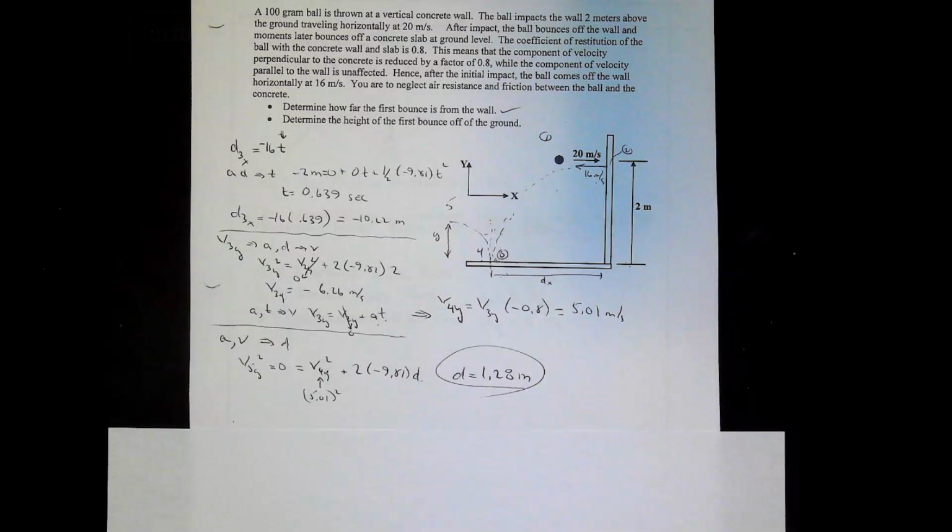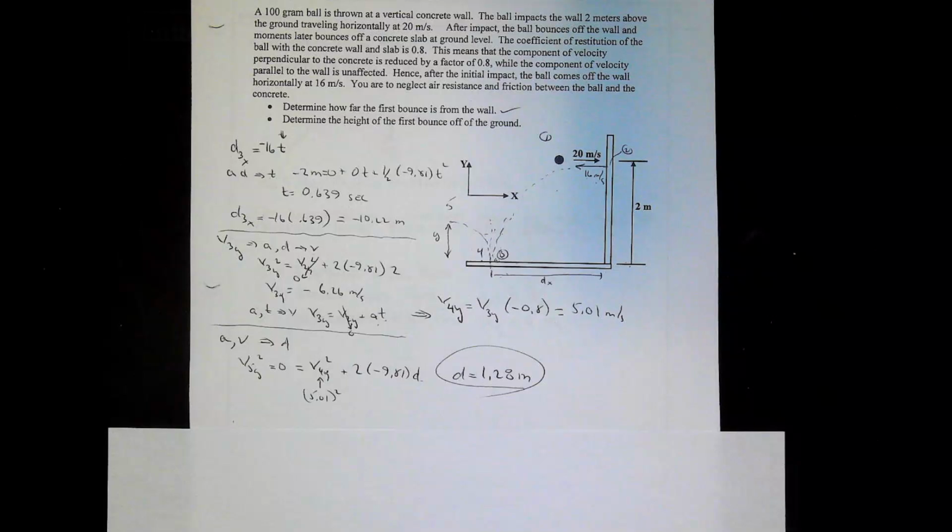So to get to state 3, that'll be distance 3 in the x, 3 meaning state 3, which will be nothing more than this velocity times time. 16 times t. And notice the coordinate system. So that says this velocity is negative. So we're just watching my sign. So this will be in the negative x direction.